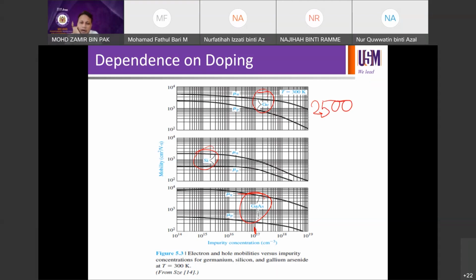All right, so let's now have a look at silicon. Electron, silicon, 1 times 10 to the 17. What do we get? Let's discuss a bit.